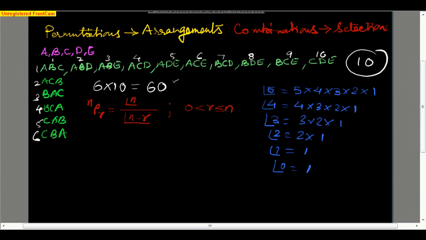Now we will put the values of 5 and 3 here in permutation. We see what happens. 5 permutation 3 is equal to factorial 5 upon factorial 5 minus 3, which is 5 into 4 into 3 into factorial 2, and in the denominator factorial 2 is there.